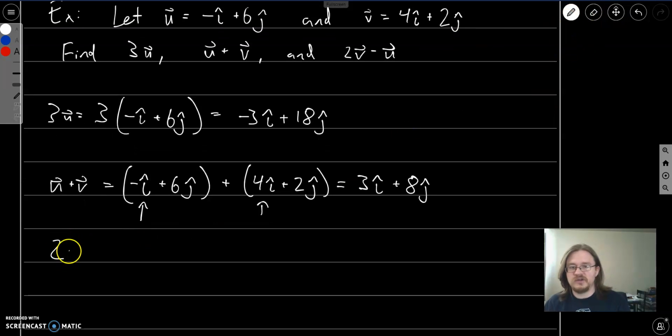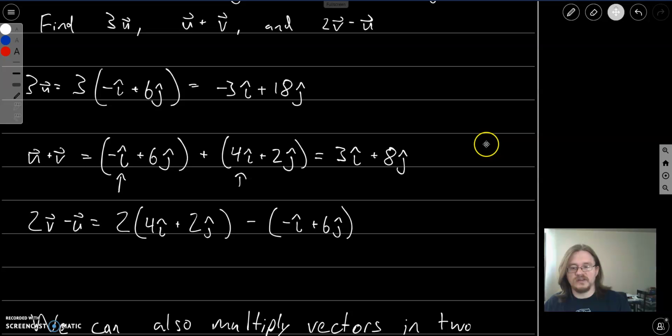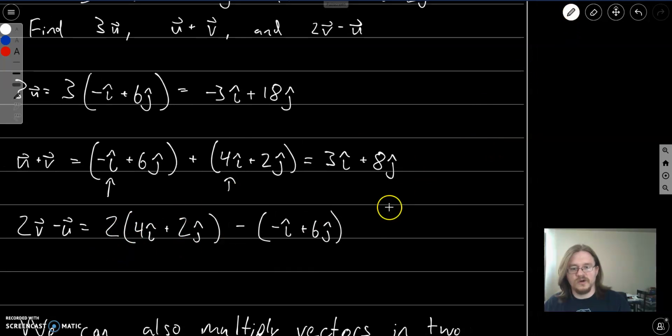We've got 2v minus u. So we're going to take 2 times the vector v, and we're going to subtract u. Okay. So the first thing I want to do is distribute this 2 over here.